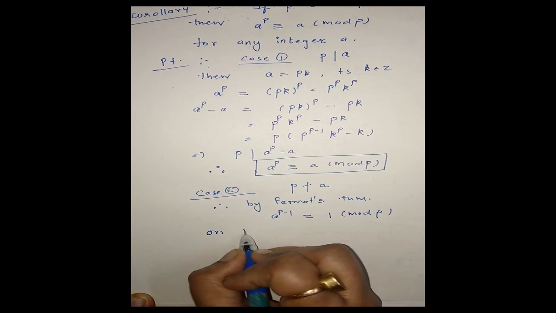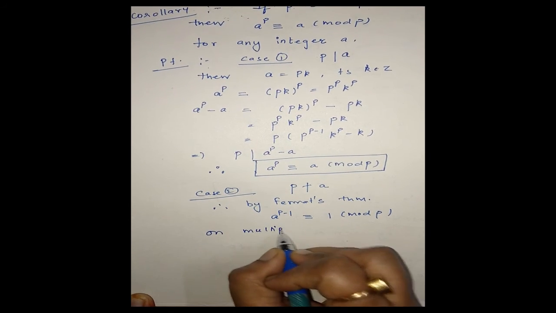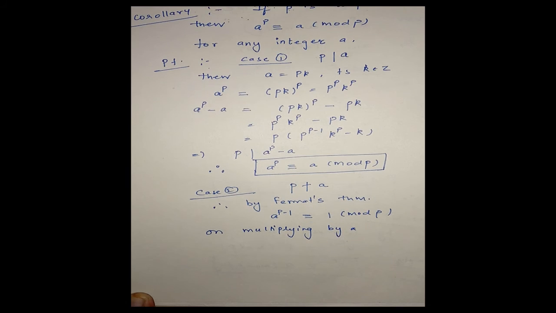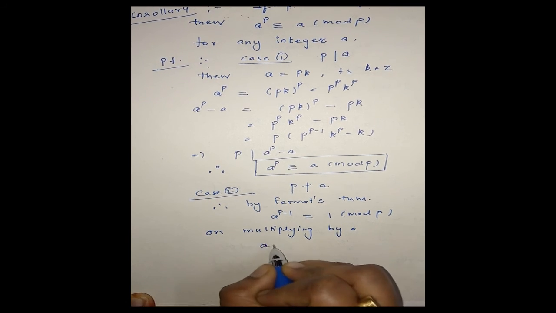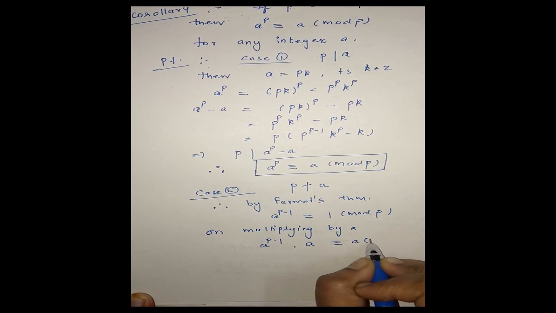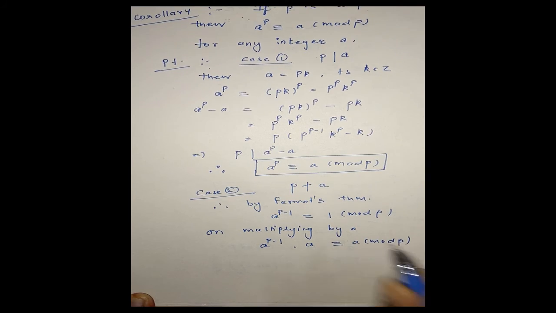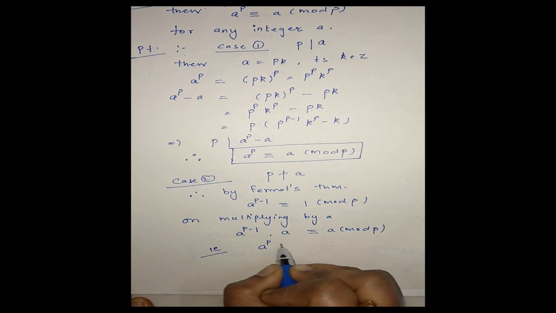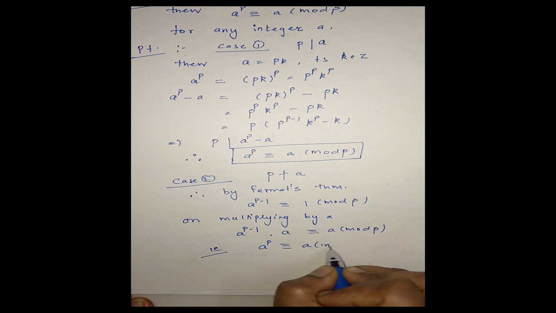On multiplying by a on both sides, we have a power p minus 1 into a is congruent to a modulo p. That is, a power p is congruent to a modulo p. Hence proved.